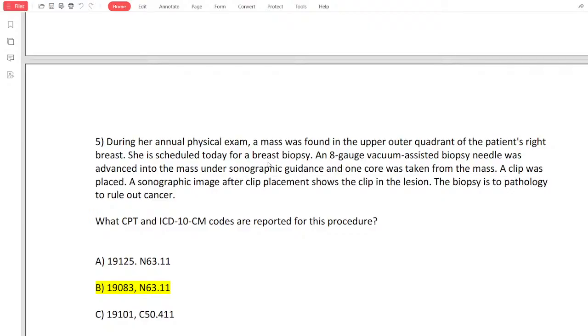So the breast biopsy was done by the physician under sonographic guidance. And next is N63.11. N63.11 is for the patient's condition. Clear?